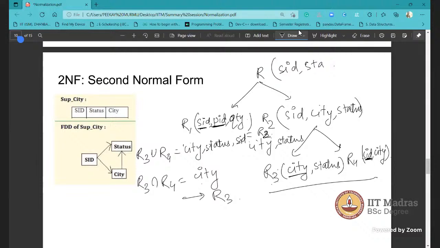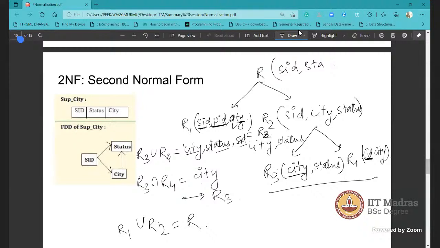And we have to check overall, right? Now we check R1 union R2. We got city, status, SID, PID and quantity, so this is equal to R. Are you able to follow me or not?